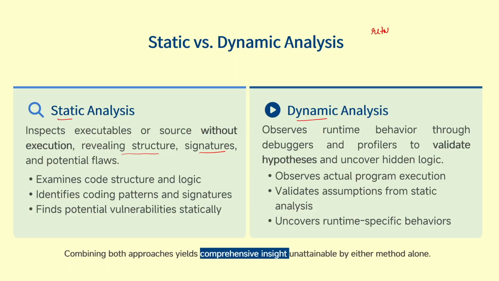So what is actually a signature? We normally call that a method signature. So you will be having a return type, the function or method name, followed by arguments.